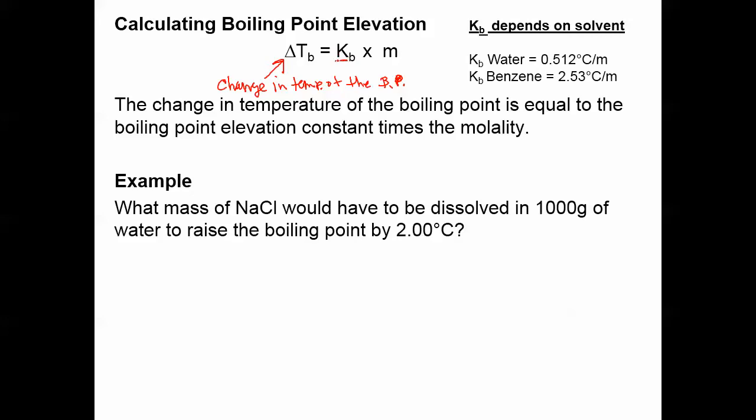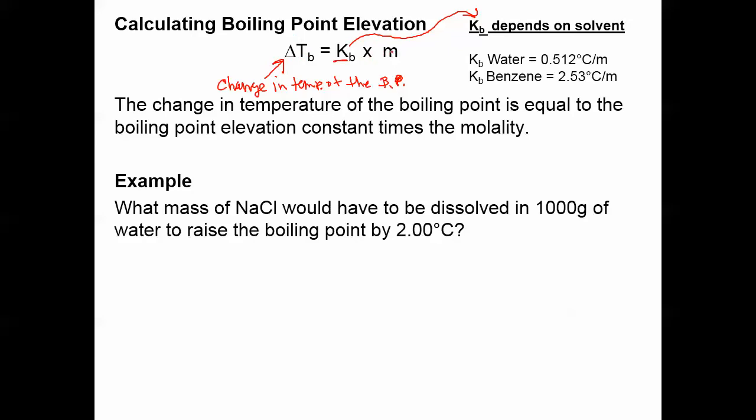Kb, anytime you see a K, is a constant. And that constant, if you look to your right here, depends on what the solvent is. Each solvent has its own constant. You can think of it as a number that makes this change in the temperature of the boiling point, the difference, equal out with the molality or the concentration.